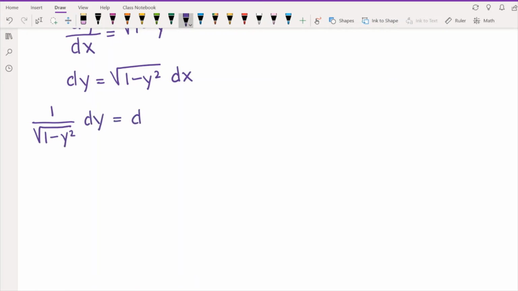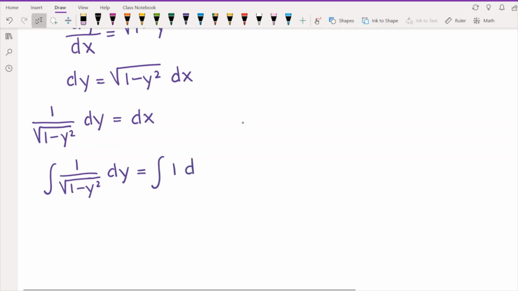And on the right-hand side, we just have dx, right? That might seem a little funny, but remember when we integrate, that's just going to be like integrating the number 1. So on the left-hand side, we're integrating 1 over the square root of 1 minus y squared dy, and on the right-hand side, we're integrating 1 times dx.